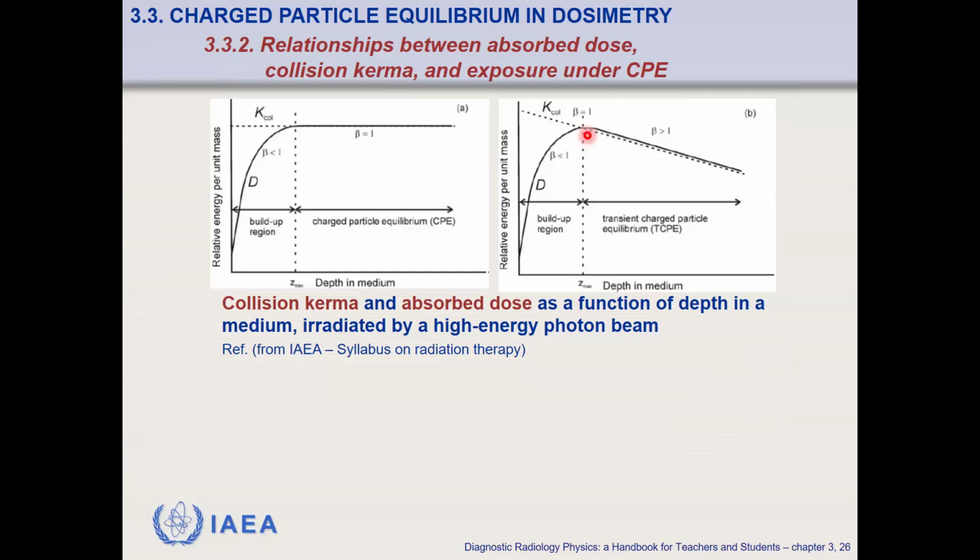This occurs because secondary particles such as electrons have longer ranges, leading to a net energy loss as the beam penetrates deeper. Of course, we will see how the dose changes with depth, as we go deeper, as the beam penetrates deeper, what will happen? We will have a decrease or loss in energy. This leads to transient charged particle equilibrium.